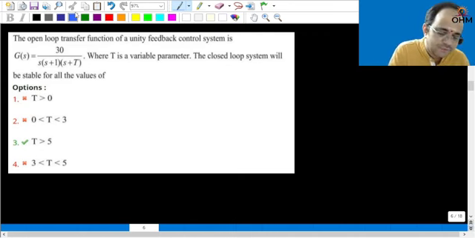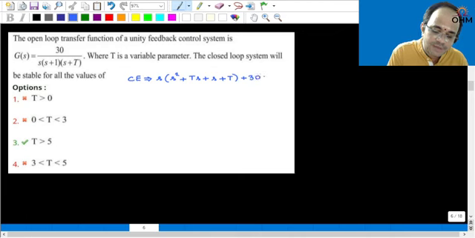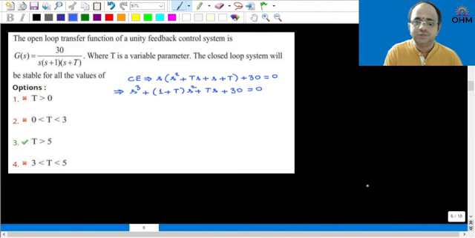Now, from this, if you write down the characteristic equation, it will be S into S square plus Ts plus S plus T plus 30 is equal to 0. Hence, you can write S cube plus 1 plus T into S square plus Ts plus 30 is equal to 0.